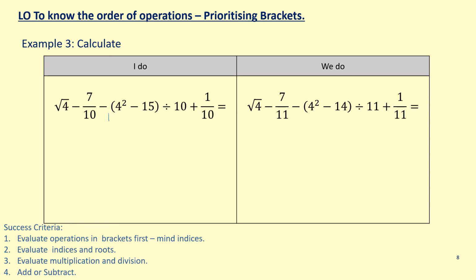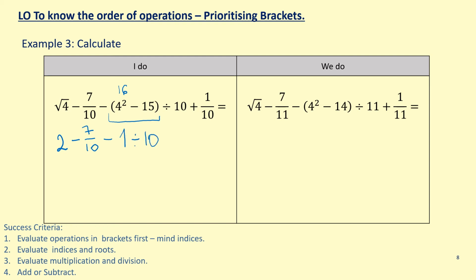Okay, I've got fraction here which I need to evaluate. But again, I've got index inside, so 4 squared is 16. So square root of 4 is 2. Take away 7 over 10. Take away, I'll do the bracket now. So 16 take away 15 is 1.